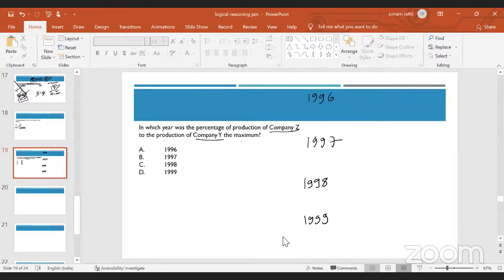Okay. Now tell me, company Z over company Y. Company Z is how much? 35 over company Y, 25 into 100. For 1997, 40 upon 35 into 100. For 1998, 45 upon 35 into 100.